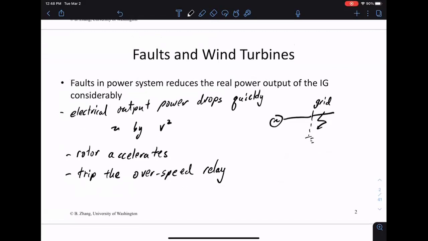Let's say the fault happens, you trip offline, then the fault clears in half a second. Then you connect the turbine again to the grid. Let's say you have an induction machine, it stops, and then you connect the induction machine again to the grid.